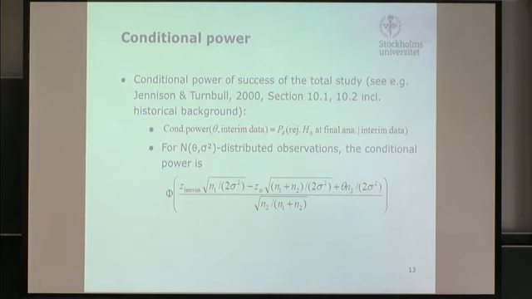And you can then express this, for normal distributed observations, this way, where you see here you have the dependence on the unknown theta and also the nuisance parameter in this case. But we have to make a decision then in the interim analysis. We want to have some specified 70% conditional power. What do we use for theta?